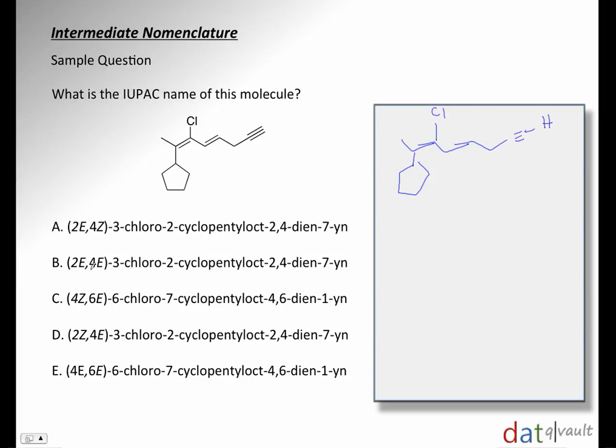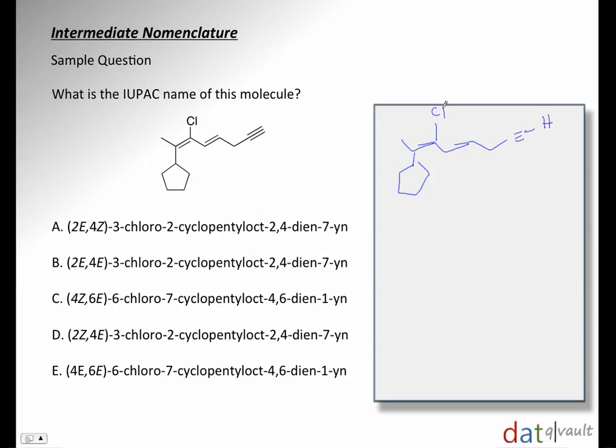Alright, so the major difference in all the answers is figuring out the configuration around the double bonds themselves. If we can figure out what the configuration is, E or Z, EE, ZE, then we can eliminate a lot of these options right off the bat. Looking at the first double bond on the left-hand side, we notice that this cyclopentyl group is going to get priority over this methyl group.